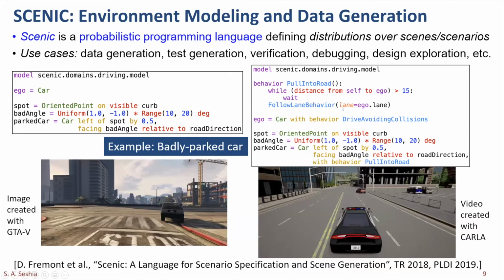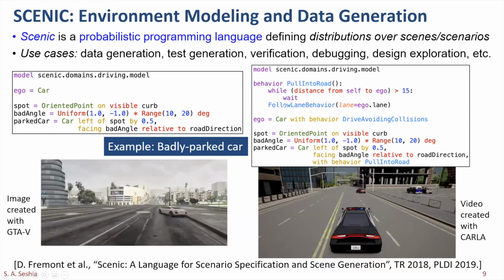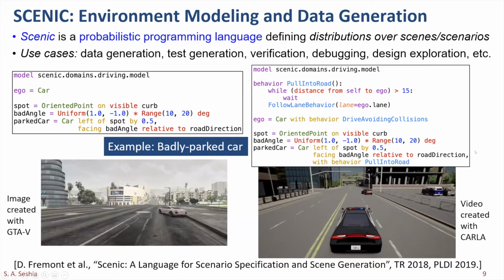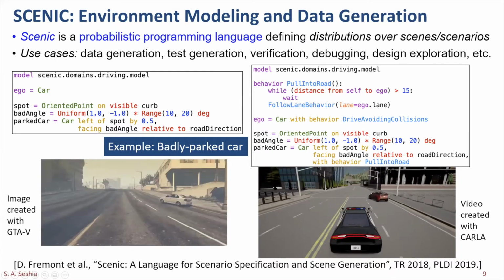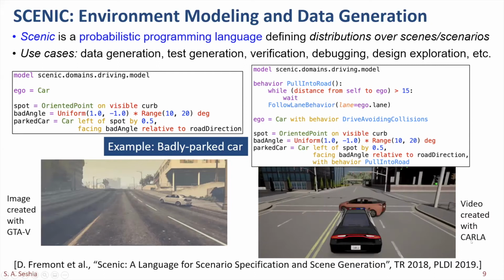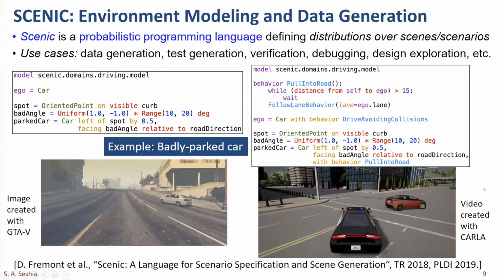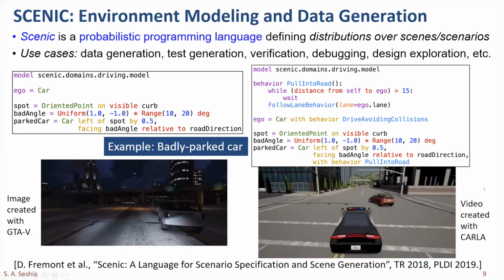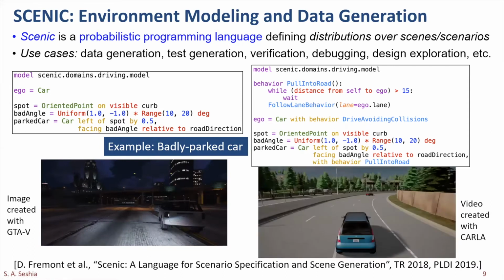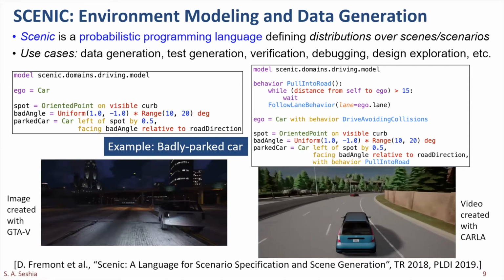And when the distance falls below 15 meters, it pulls into the lane of the ego vehicle and follows that lane, okay? And now if you connect this to a backend simulator, in this case Carla, and you run the program each time, you produce a new simulation, right? So here's one example of the badly parked car pulling into the path of the ego vehicle. Here, the blue car is the ego vehicle.